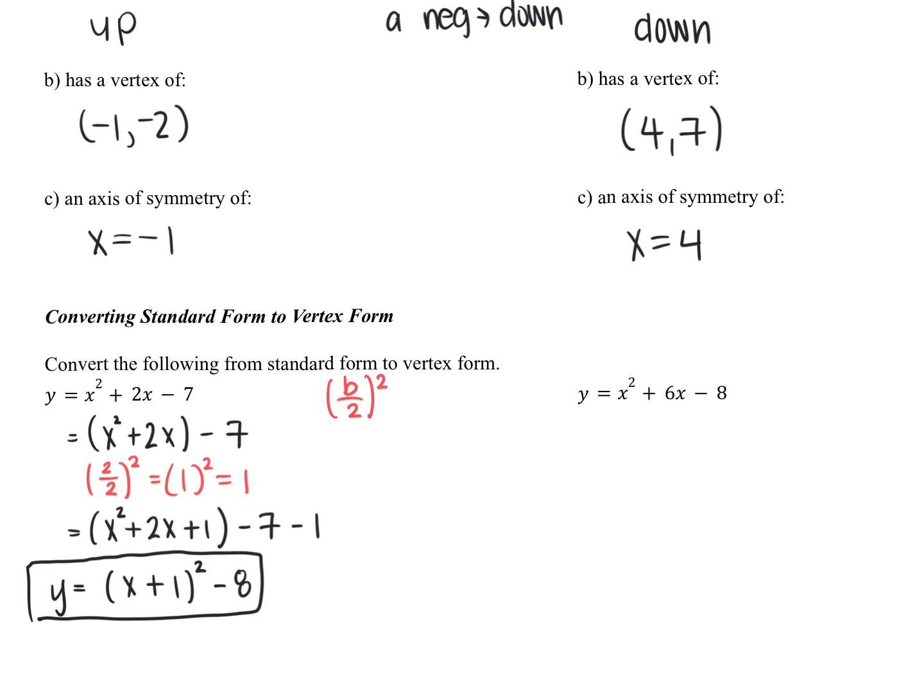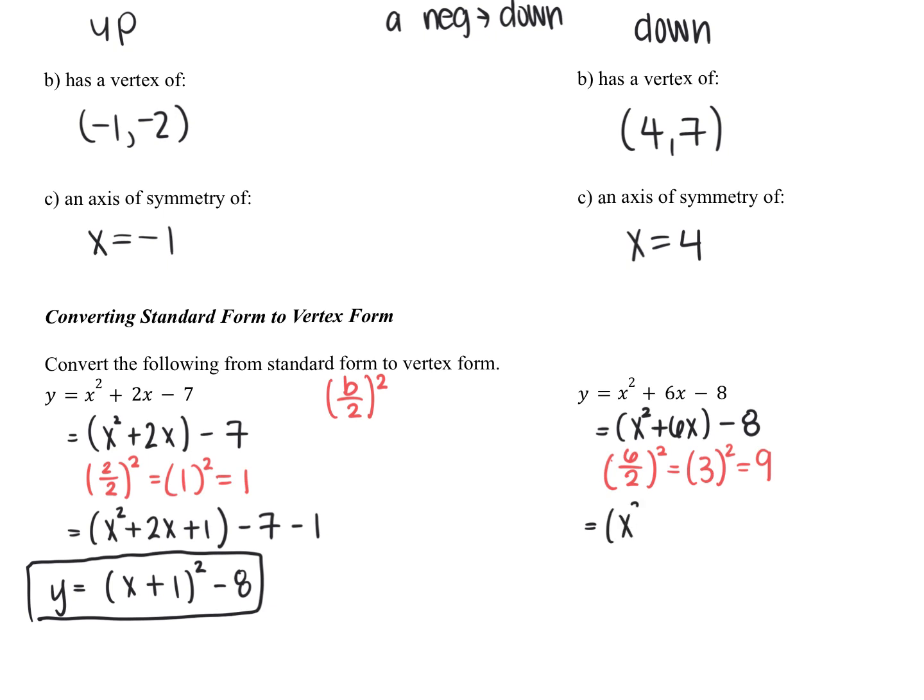So we're doing one more example. We have y equals x squared plus 6x minus 8. I'm going to put my x squared plus 6x in parentheses with my minus 8 on the outside. Then I do 6 divided by 2, which is 3, and then square it, which gives us 9.